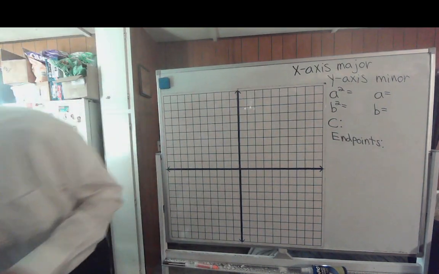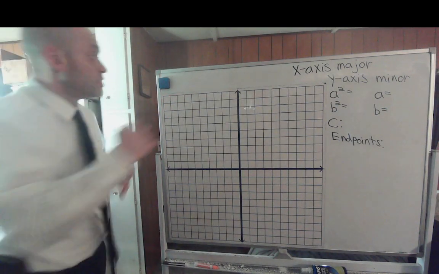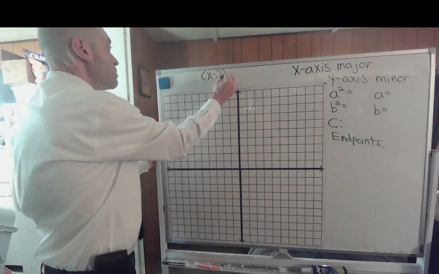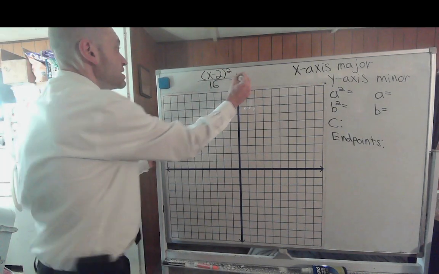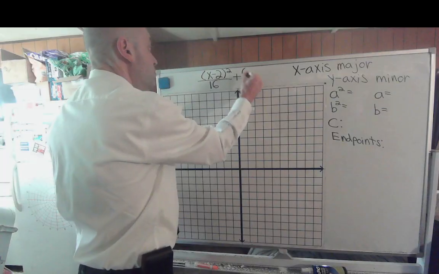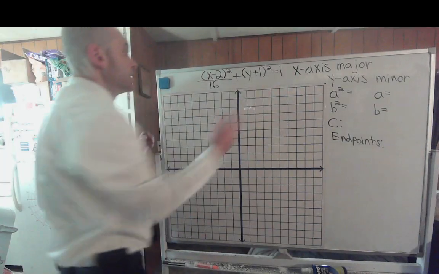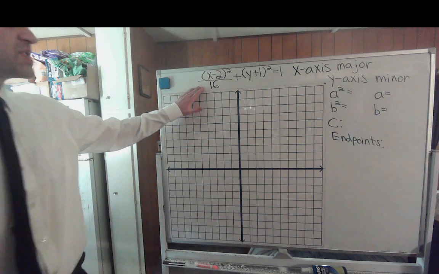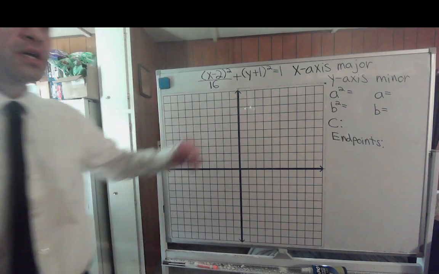Alright, so what do we got here for the first example? We have the quantity of x minus 2 squared all over 16 plus the quantity of y plus 1 squared is equal to 1.